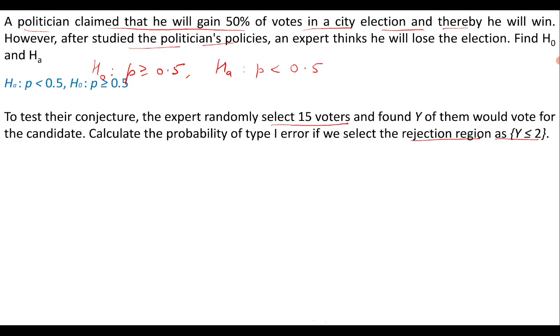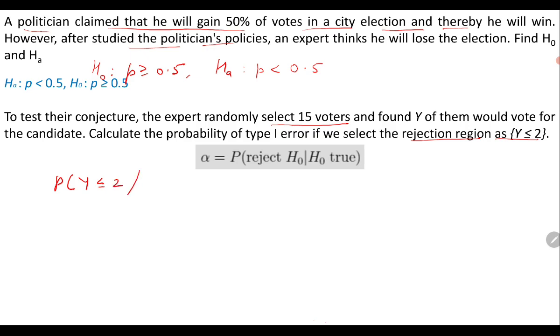First, recall what type 1 error is and what needs to be computed: the probability of rejecting H naught when it is true. It means you need to compute the probability of y less than or equal to 2, where y is the number of candidates out of 15 who vote in support, provided H naught is true.